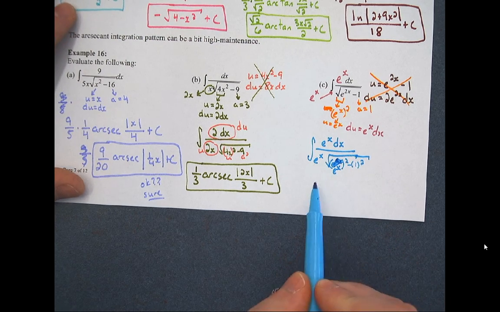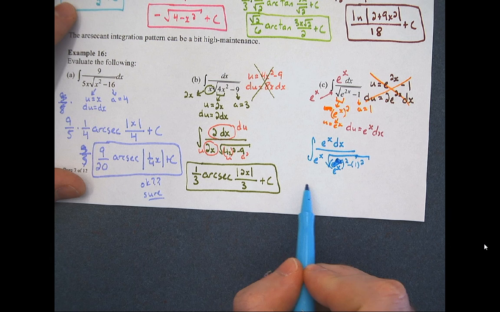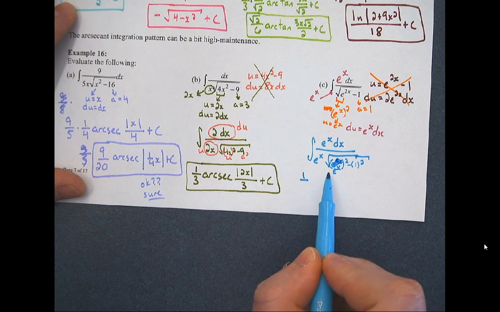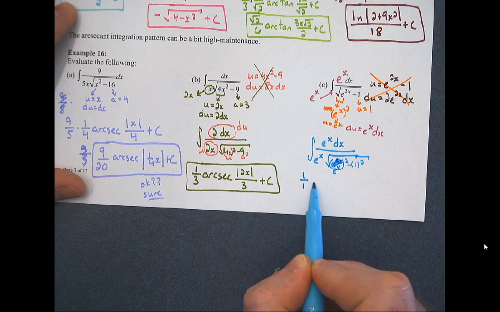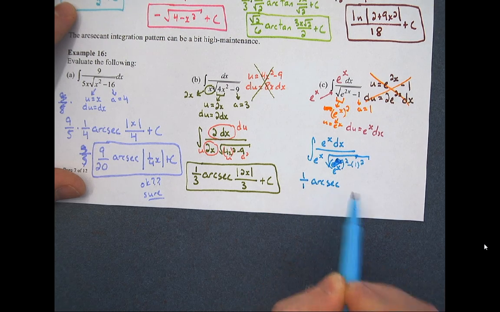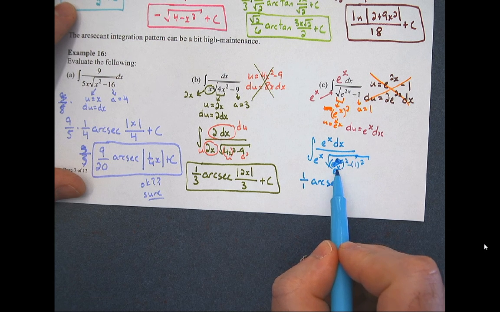So we would end up with 1 over a. Well, a is 1. Arc secant of absolute u.